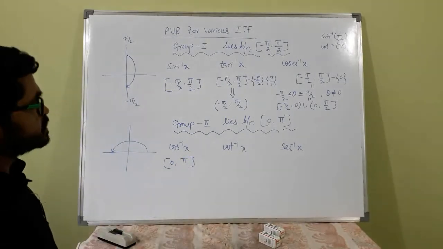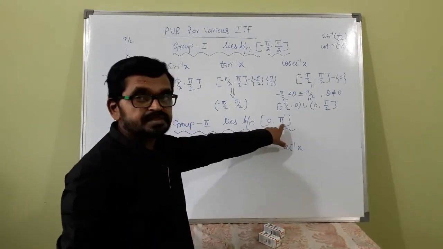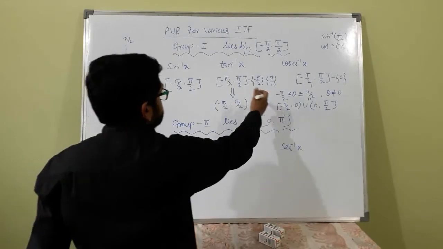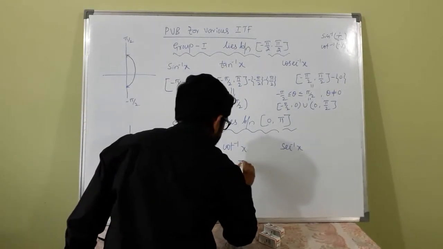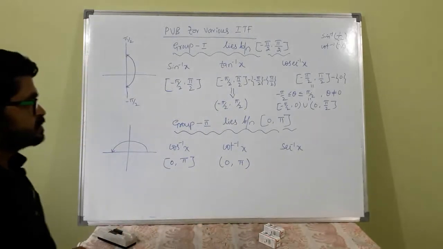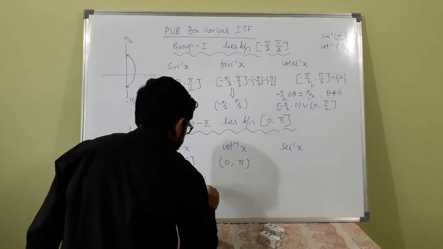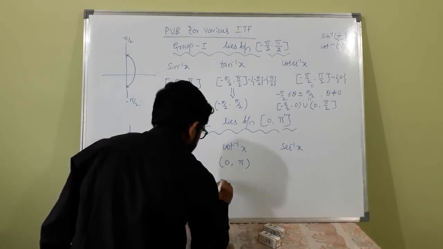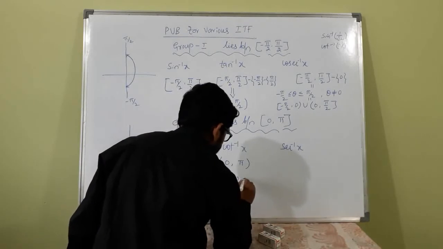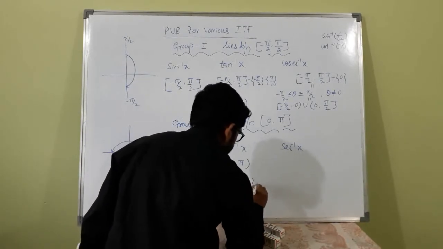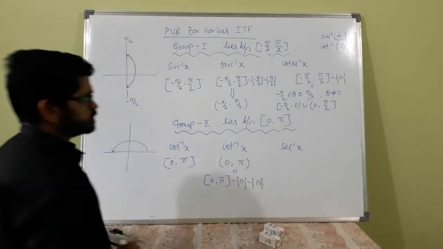For cot inverse, cot 0 is not defined and cot π is also not defined, so this is 0 to π, with both ends open. You can write it like this also.